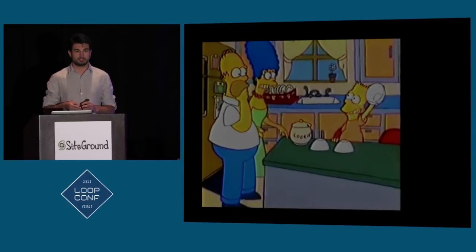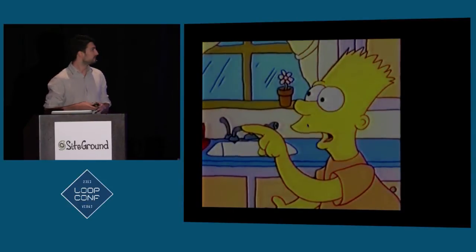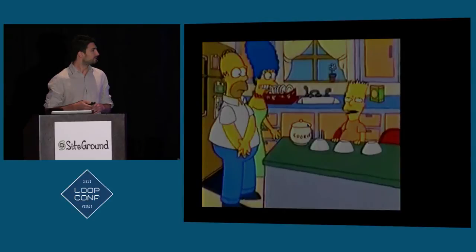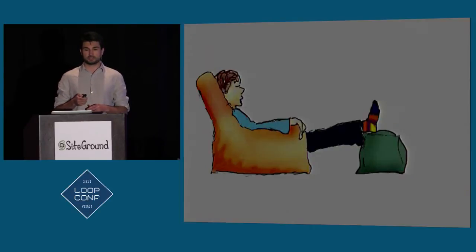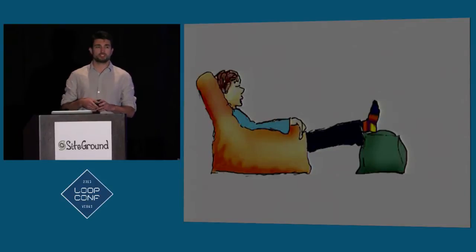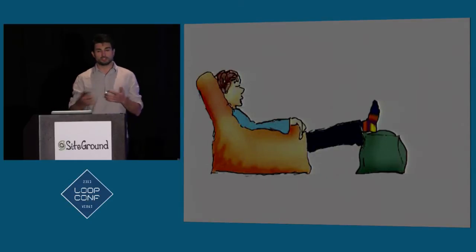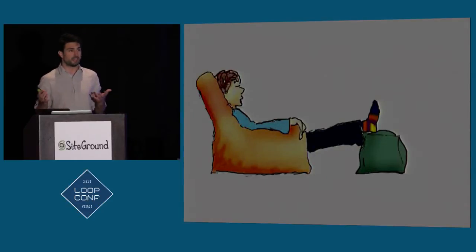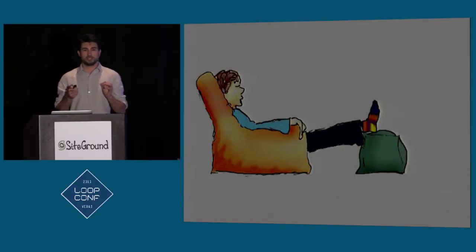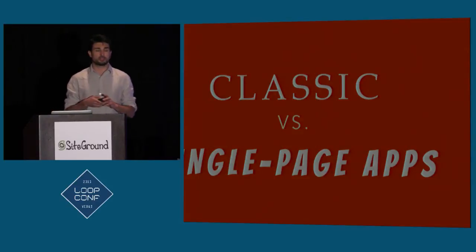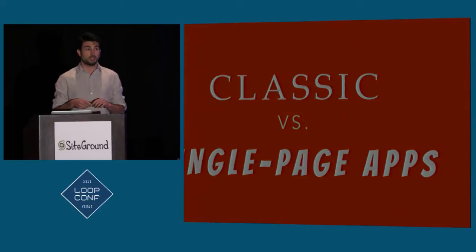Can you follow it? Following changes is hard. People so much prefer a comfortable place where nothing changes much, everything is static, everything is cozy. And actually, this is exactly the difference between a classic web application and a single-page app.